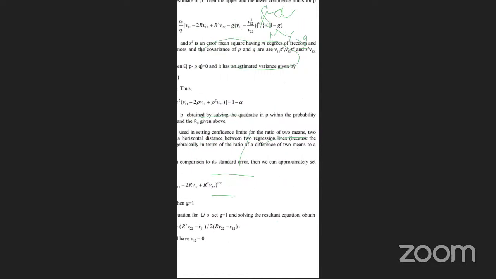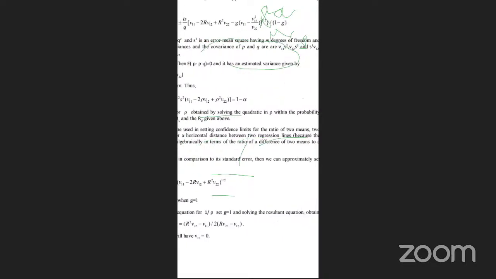It applies to the ratio of two means, regression coefficients, or the horizontal distance between two regression lines, because the latter can be expressed algebraically as the ratio of the difference of two means to a regression coefficient. When Q is large in comparison to its standard error, then approximately g equals 0, and R_L, R_U equal R plus or minus ts by Q times (V11 minus 2R V12 plus R square V22) whole to the power of 1 by 2.